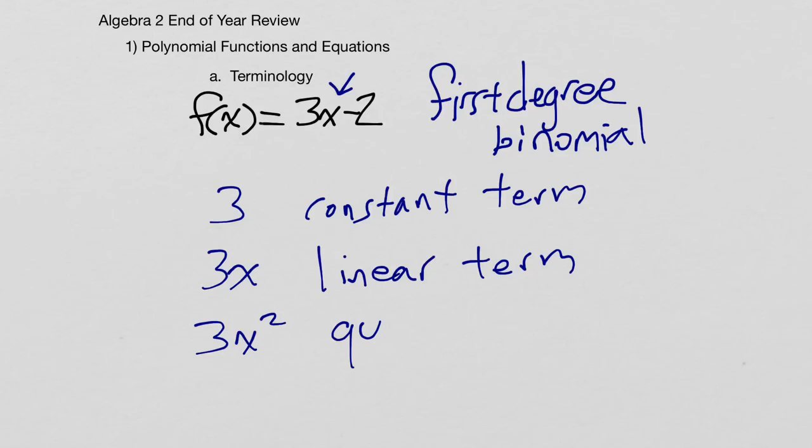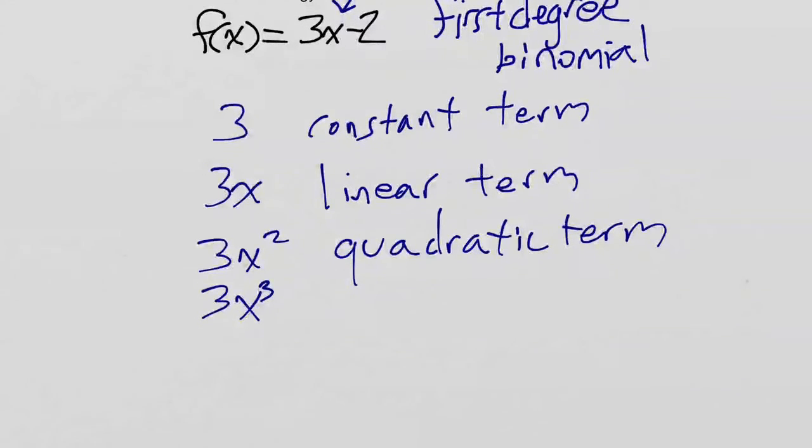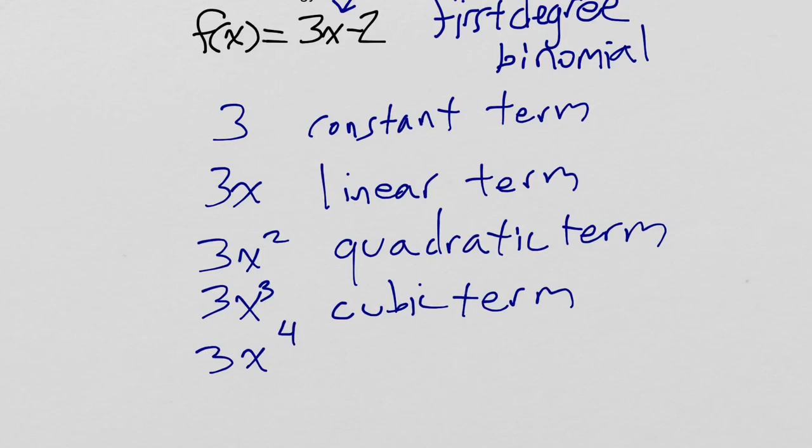Constant term, linear term, quadratic term. There's also a cubic term. If you were raising it to the third power, you would call that the cubic term. And if you're raising it to the fourth power, I know it's called a quartic term. Just so you know all that stuff.